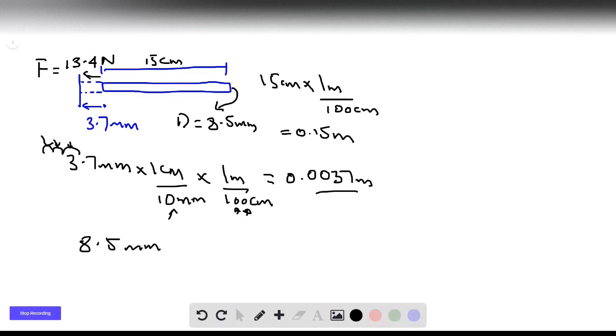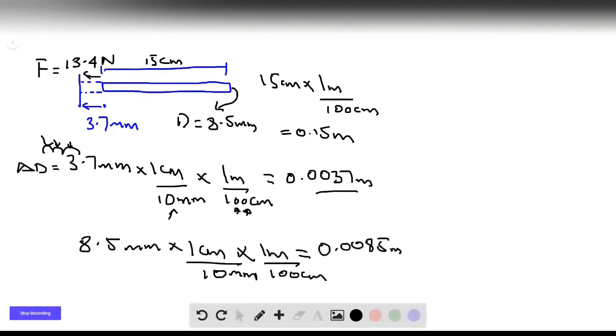This gives us 0.0085 meters. That's the number that's given for the diameter. And if you also wanted to go ahead and find the radius, you'd have to divide that value by 2.